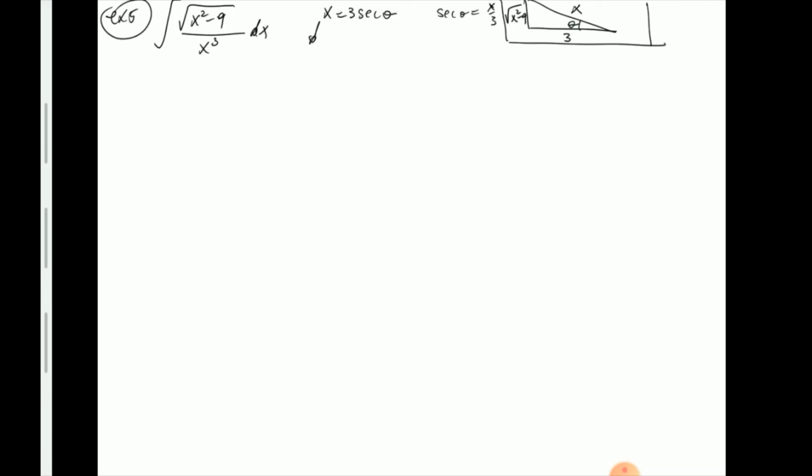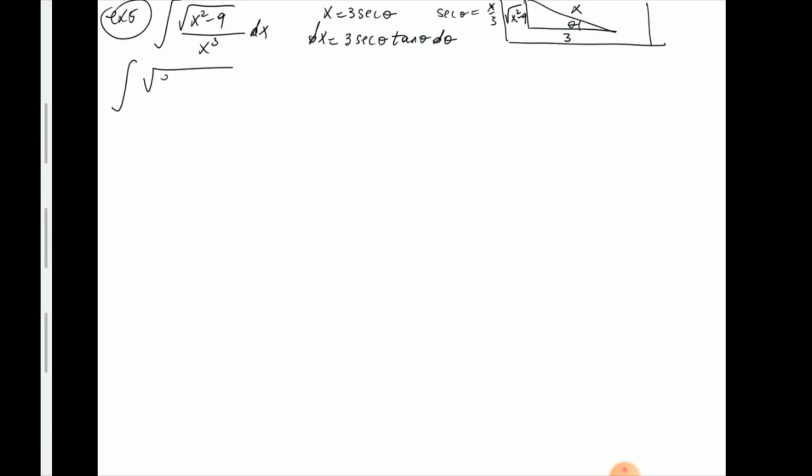Then the derivative of 3 secant is 3 secant theta tangent theta. And now we can proceed to integrate. Replace x with 3 secant.